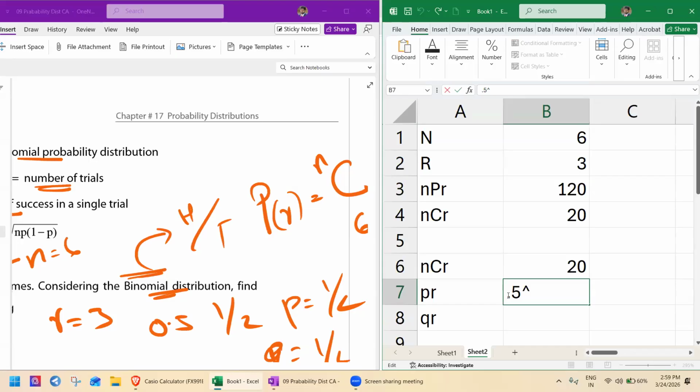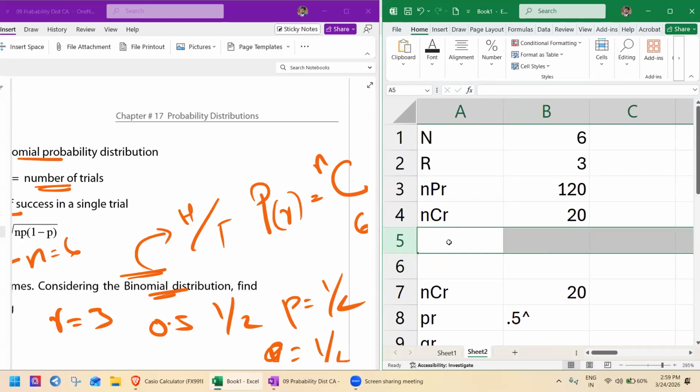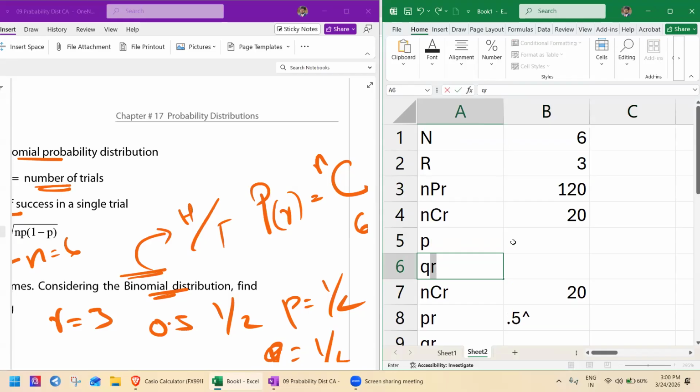So I can put P and Q here: P is 0.5, Q is 0.5.